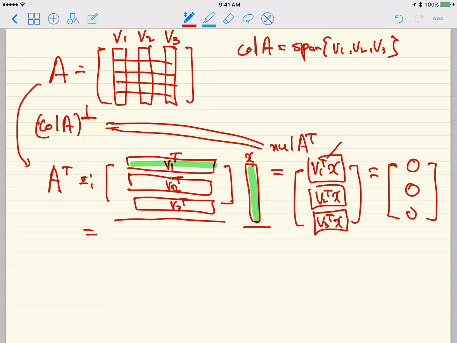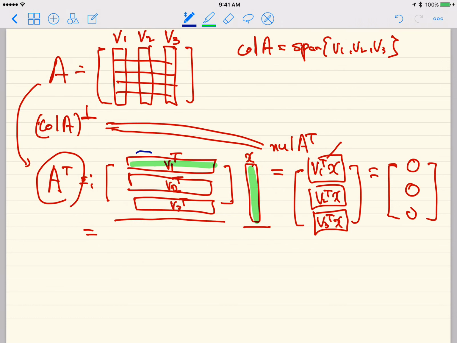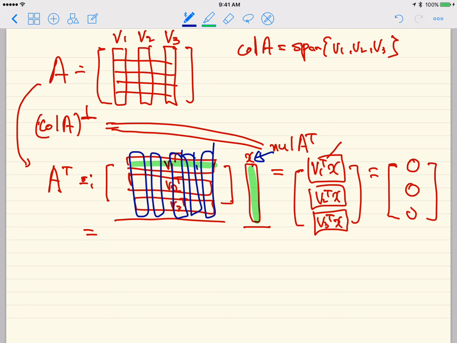And so this is a homogeneous linear system. In this case, we considered it as a kind of vector equation. In this matrix A transpose, we considered these 1, 2, 3 columns, but maybe we may have more, maybe 1, 2, 3, 4, 5, and then x is a 5-dimensional vector.